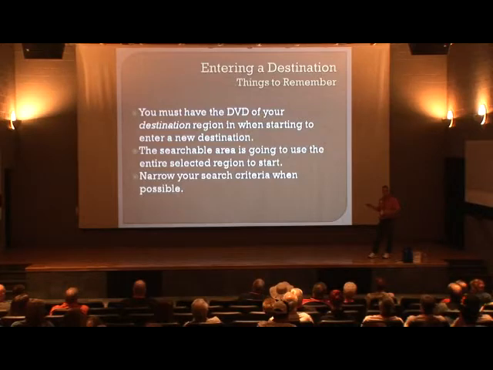Once you've entered your destination, you can take out the DVD and put back in the east disc. And the reason that's significant is because you don't want to lose the points of interest, restaurants and banks and emergency facilities and repair facilities and hotels. You don't want to lose that important data for the first part of your trip.